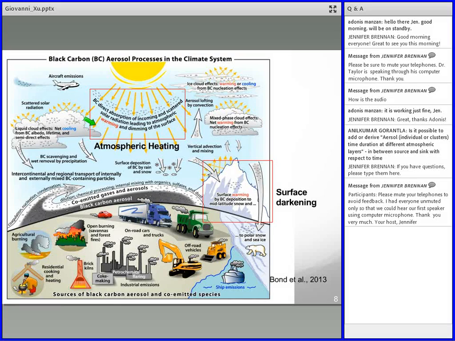And for surface darkening, after being removed from the atmosphere at the end of its atmospheric lifetime, black carbon can continue to influence the climate system because if it gets deposited over bright surface like snow or ice, it can effectively darken the surface albedo and produce a warming at the surface.